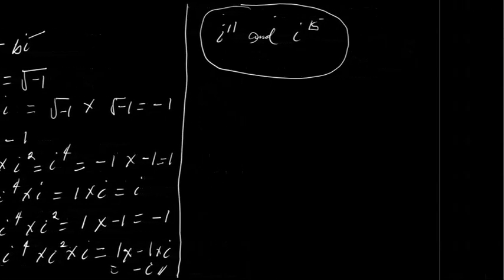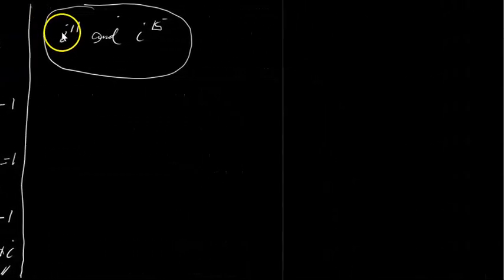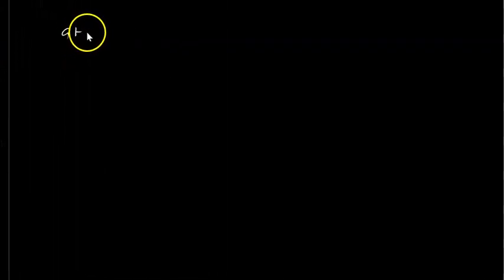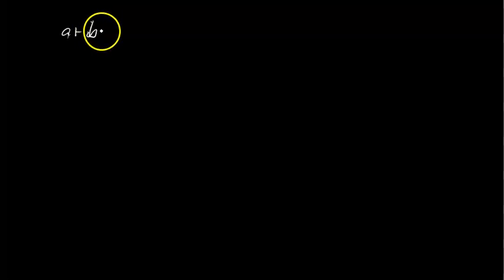If I'm to multiply two complex numbers, a plus bi, and I'm multiplying it with c plus di, for this kind of multiplication, you've agreed with me that we can use the distributive property.